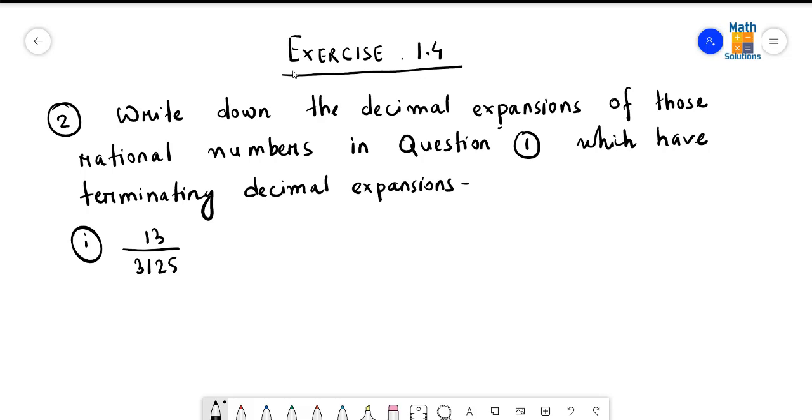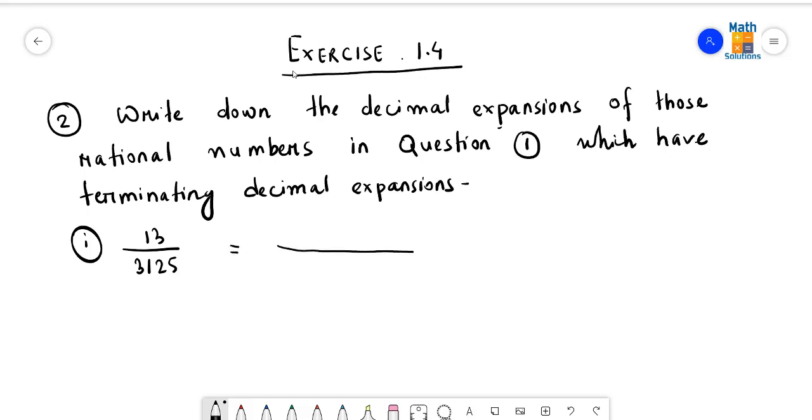So in this question, let us check in what way the denominator can be factorized. This number is not divisible by 3 because the sum of the digits, 5 plus 2 is 7, 7 plus 1 is 8, 8 plus 3 is 11, and 11 is not divisible by 3, therefore this whole number is not divisible by 3.